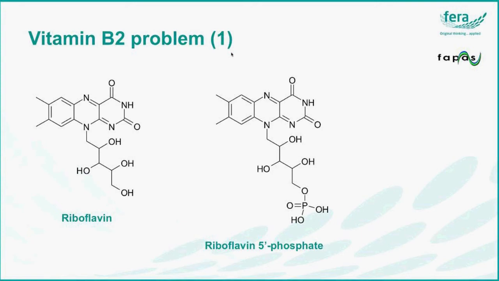This in turn creates an issue for its analysis, because riboflavin requires only an acid hydrolysis step, whereas the riboflavin phosphate requires an additional enzymatic digestion step which follows the acid hydrolysis. So two-step process.